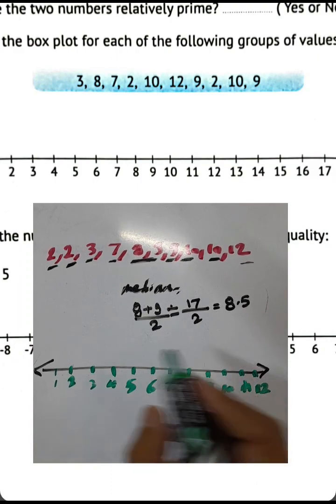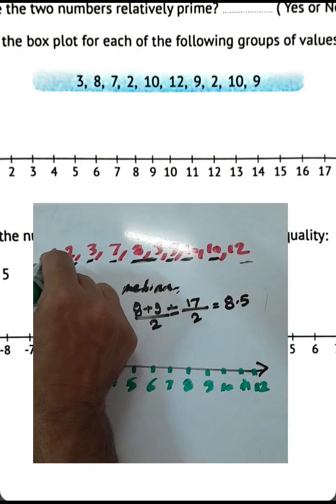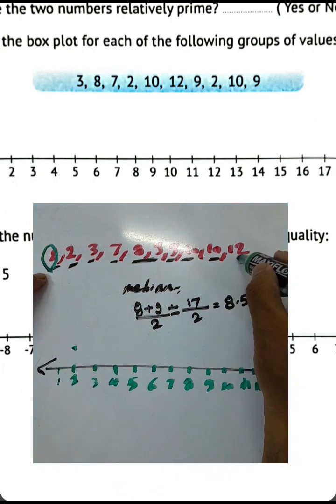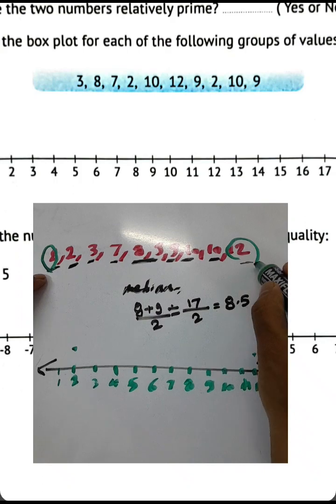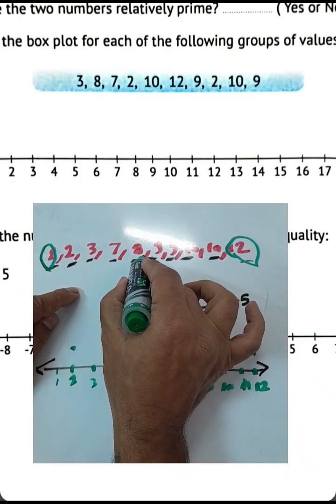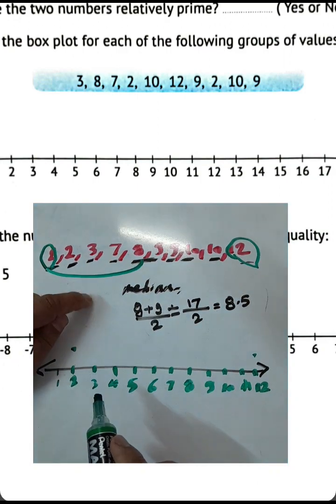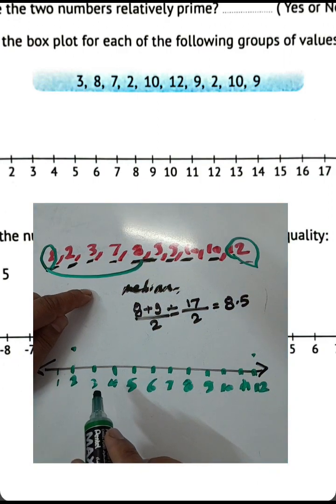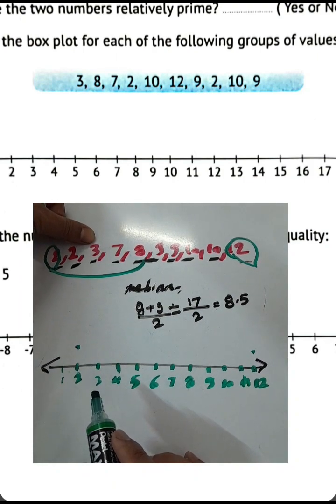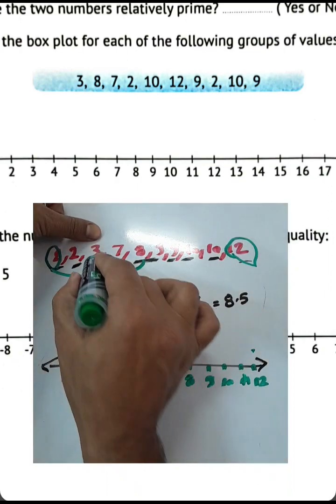And then put the point for the minimum. 2 here is the minimum, put the point, and the maximum here 12. Okay, it's the maximum, and from this part we can get the quartile one. Choose the number in the middle here, it will be 3. Okay, 3 here, the quartile one.